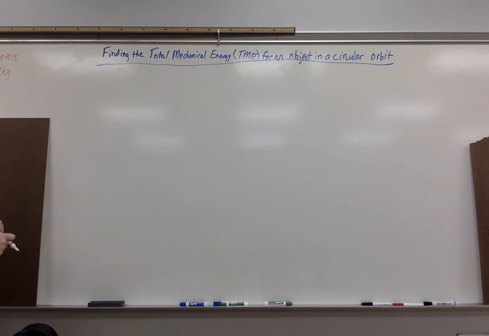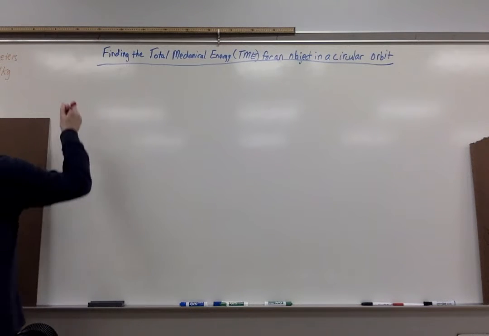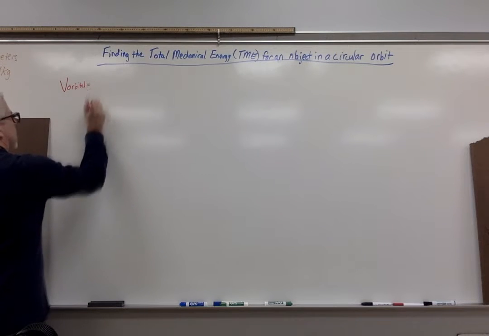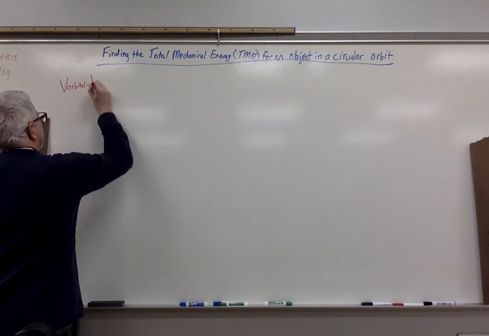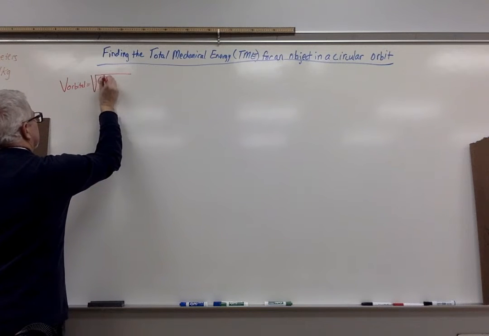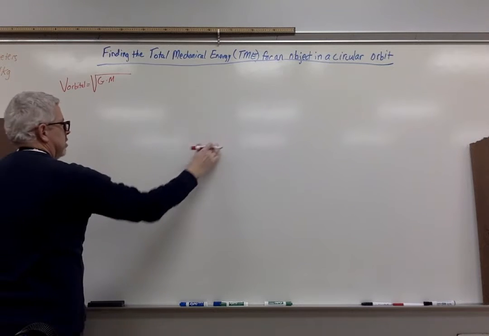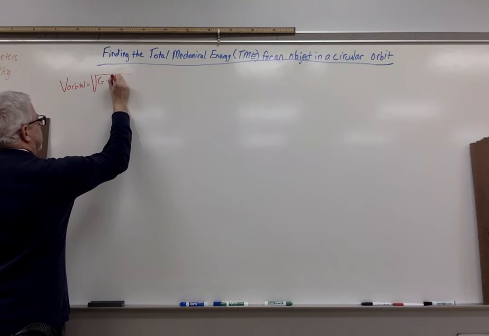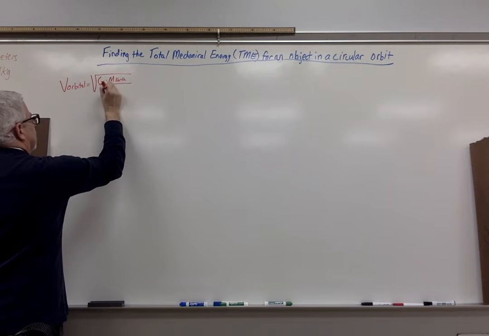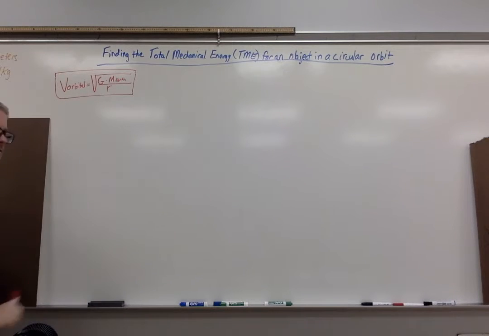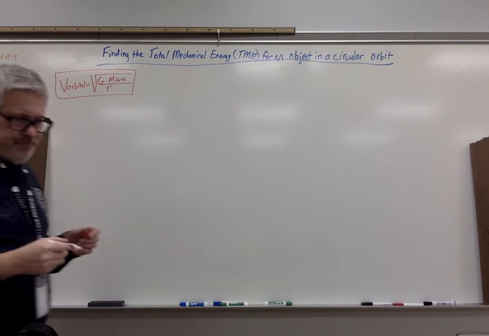Something to remember from the derivation for orbital speed is we found that v orbital was equal to the square root of big G, which is 6.67 times 10 to the negative 11th, times the mass of the planet, in this case we'll call it Earth, over R. That is true for something in any stable orbit.